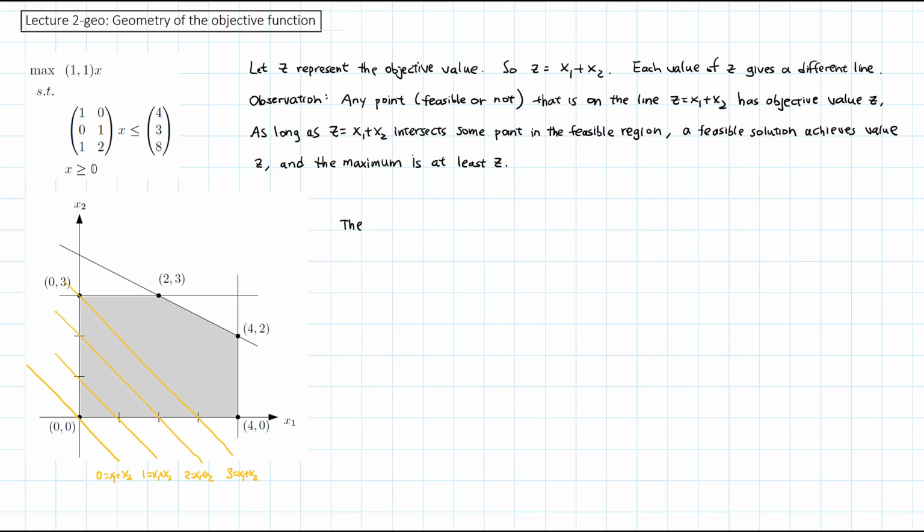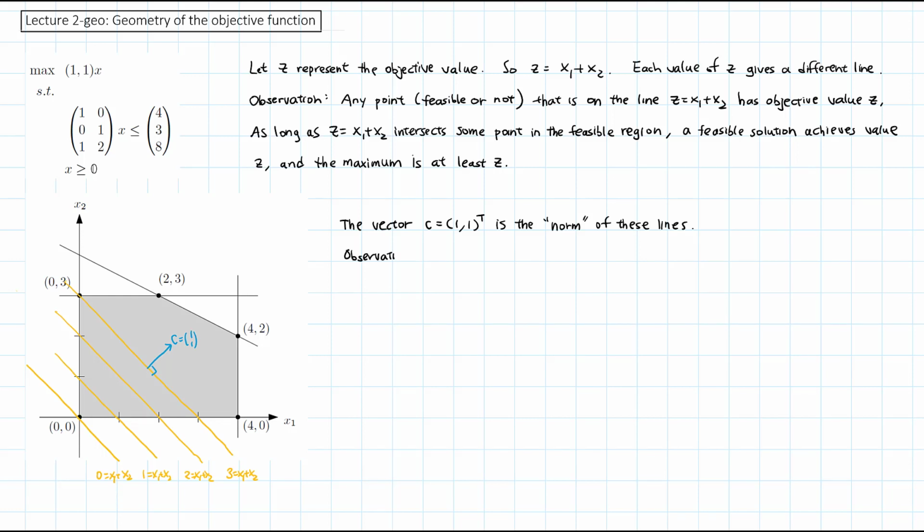We now look at the vector c, which is 1, 1 in this case. So how is this vector related to the lines? It is the normal of these lines, which is the direction that is perpendicular to these lines.